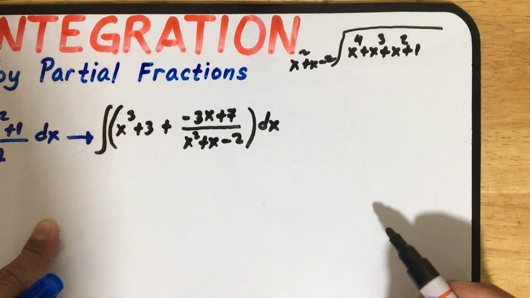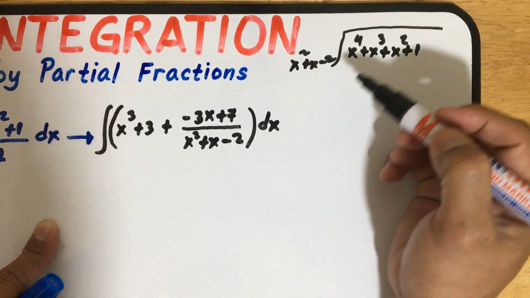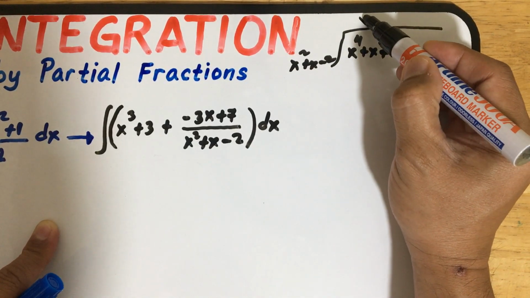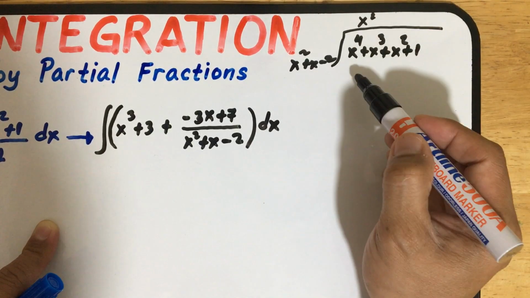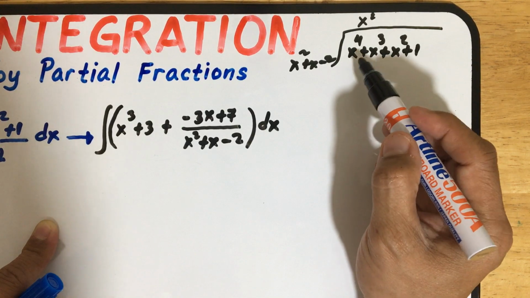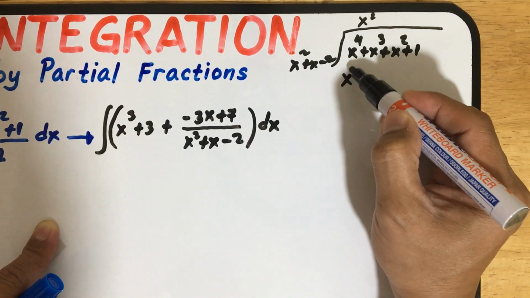Okay, so we have here x squared, we have x to the fourth, so we can try x squared as the initial quotient. So x squared times x squared, this will be x to the fourth.